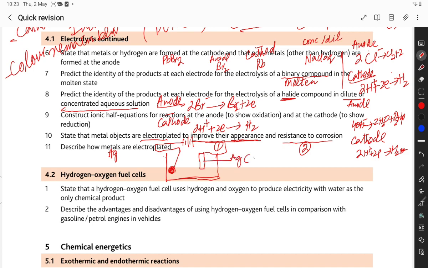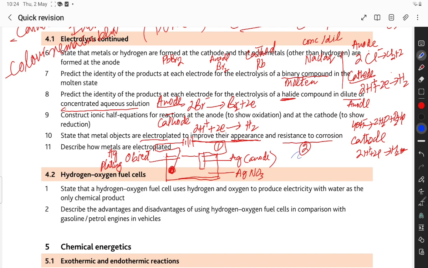Silver is the anode and the object is the cathode. In the case of silver plating, silver is the anode and the electrolyte is silver nitrate solution. So this is the electroplating reaction.